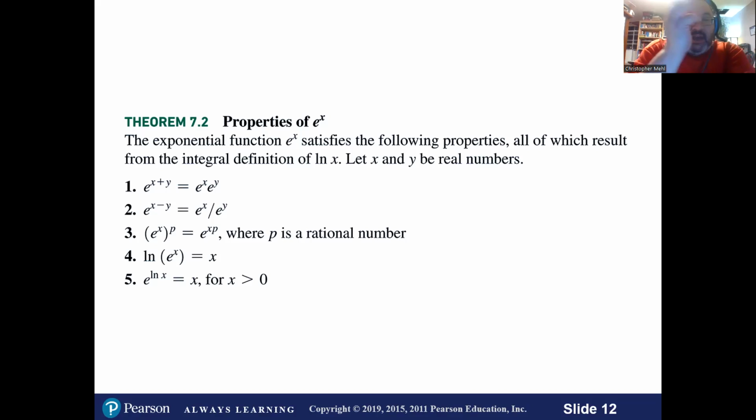So e to the x plus y equals e to the x times e to the y. e to the x minus y is e to the x divided by e to the y. e to the x, quantity to the p, is e to the xp when p is rational. Because the log and the exponential are inverses of each other, the natural log of e to the x is going to be x, and e to the natural log of x is going to be x.